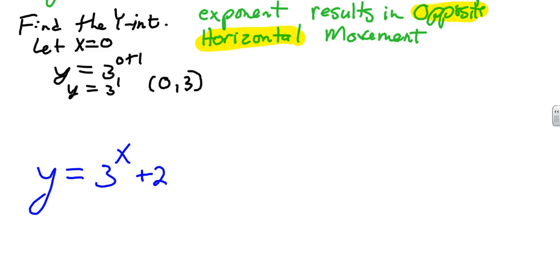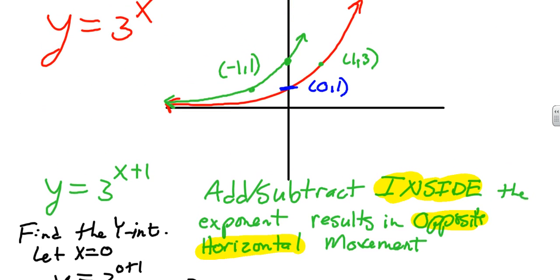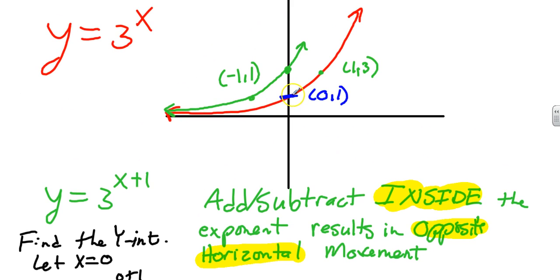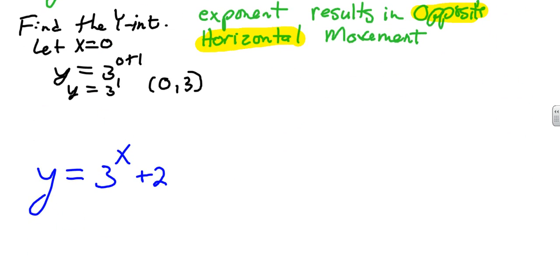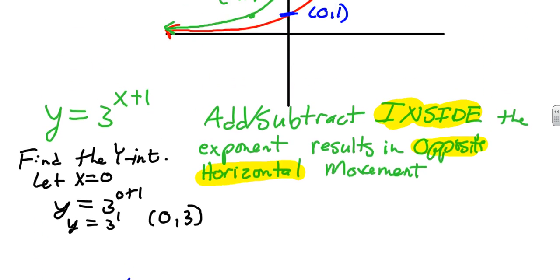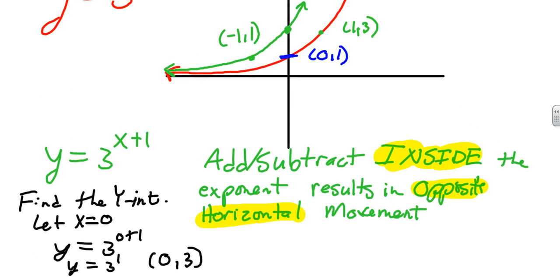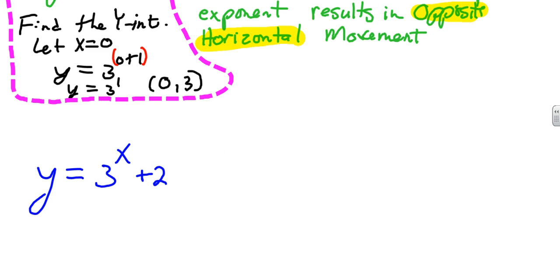If we're doing 3 to the x plus 2, in this case, the plus 2 is on the outside.